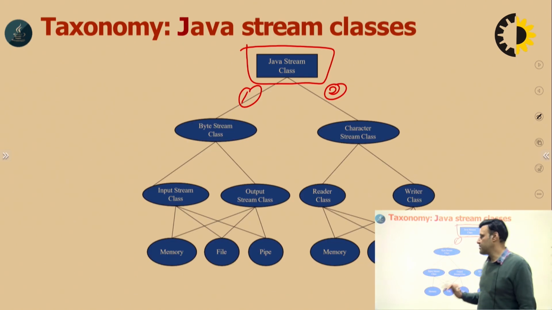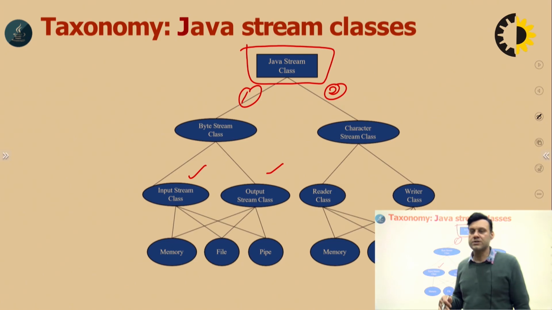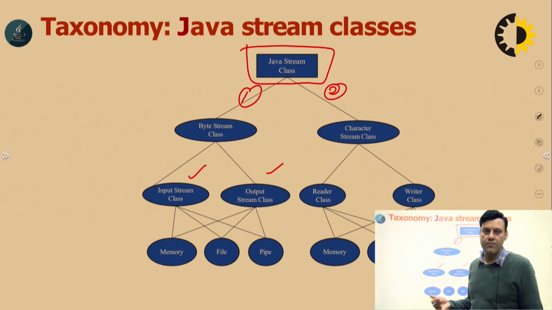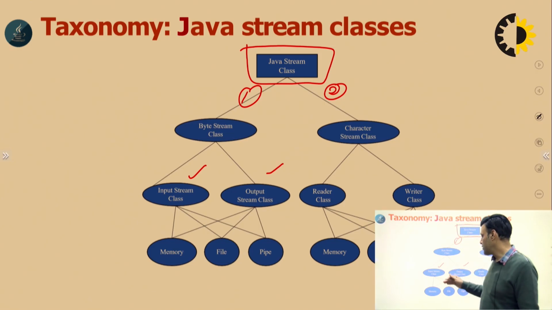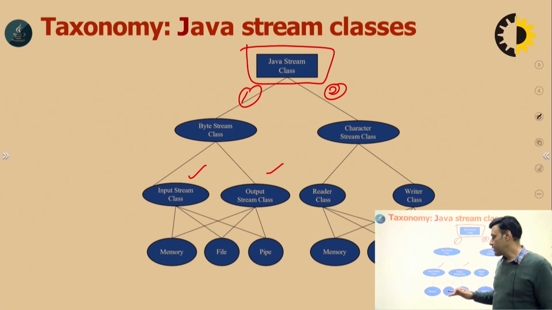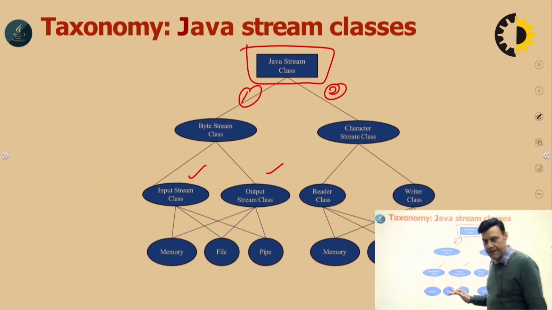Under the byte stream class we have the subclasses input stream class and output stream class, because we are going to read from a file, from memory, or from a network. So this is the input stream class.